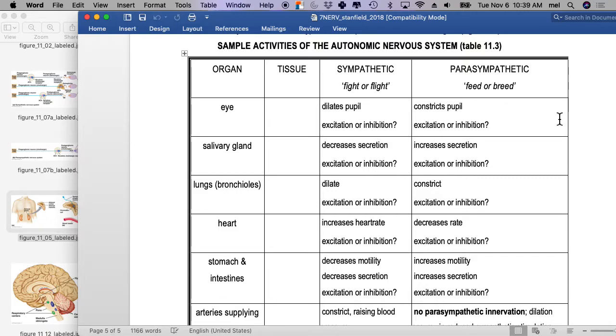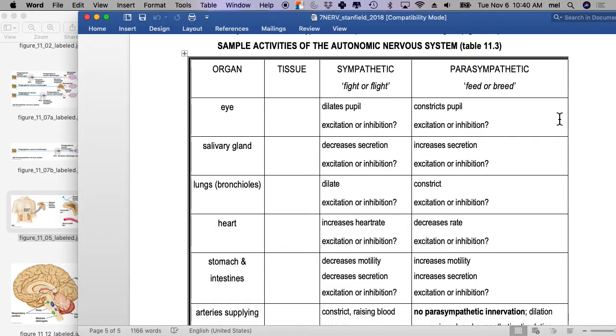So what do I need to do? I need to inhibit and dilate, right? Does that make sense? Okay? Got it? So I don't want to contract these because that would actually constrict the bronchioles. So what I need to do is inhibit these and allow for relaxation and dilation. Okay? The parasympathetic nervous system will constrict them back down to normal levels.